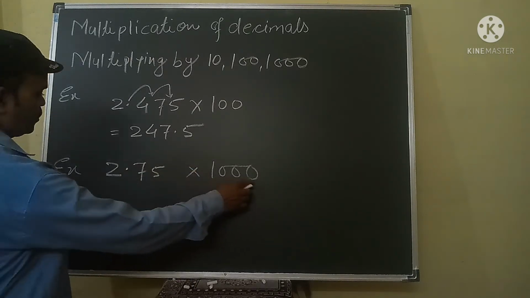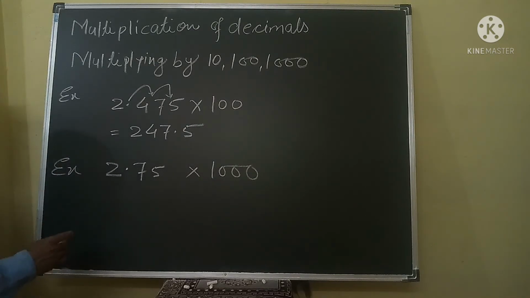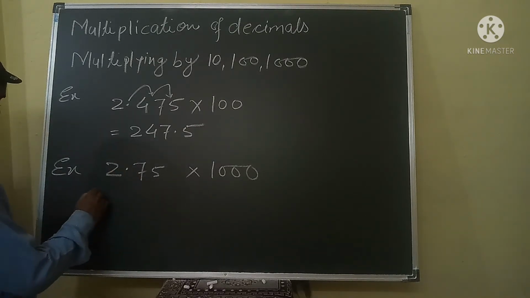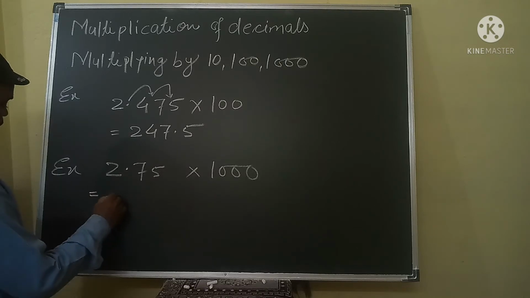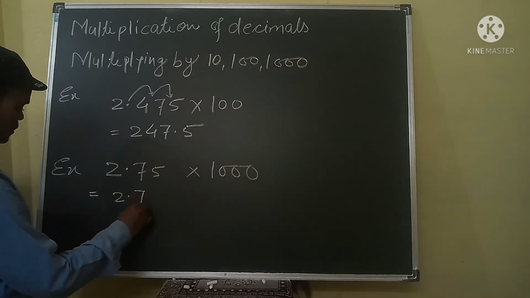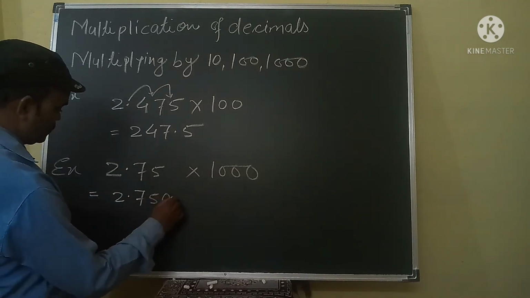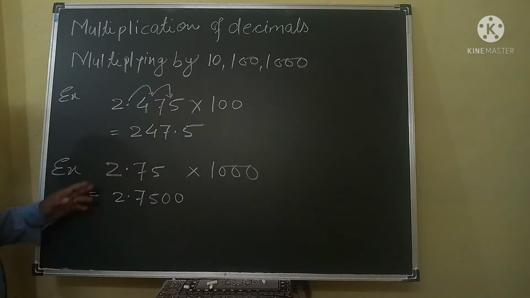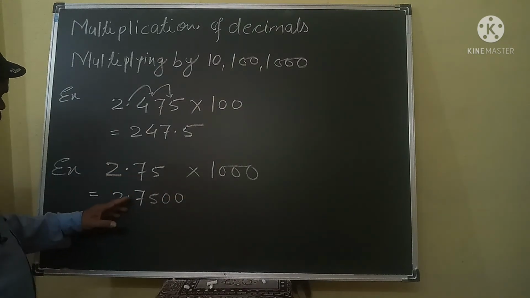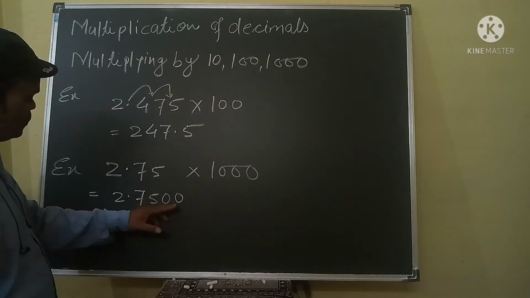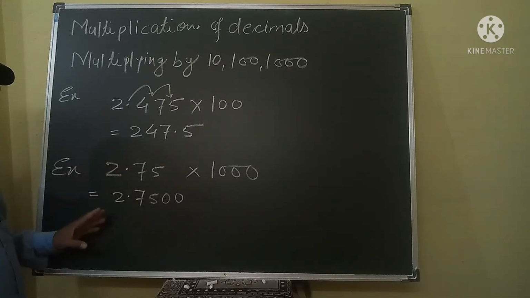In 1000, the number of 0s is 3. So this is 2.75. We can write 2.75 here as 2.7500. Okay, 2.75 and 2.7500, both values are the same.